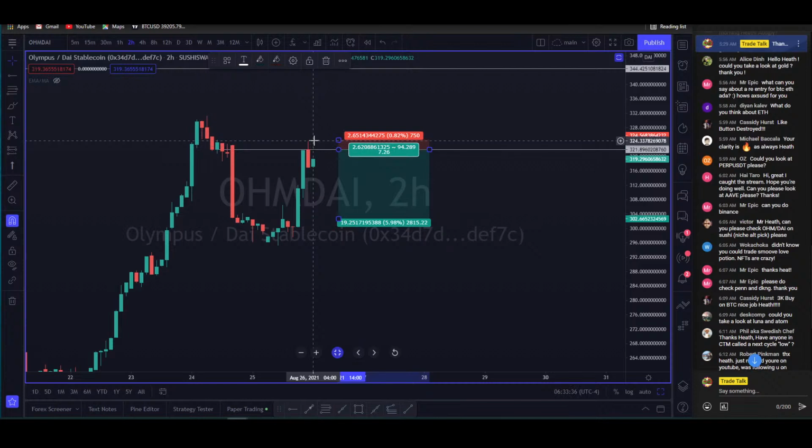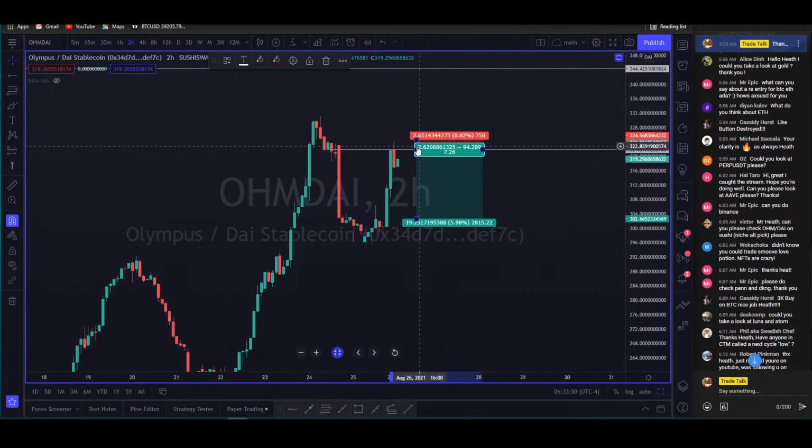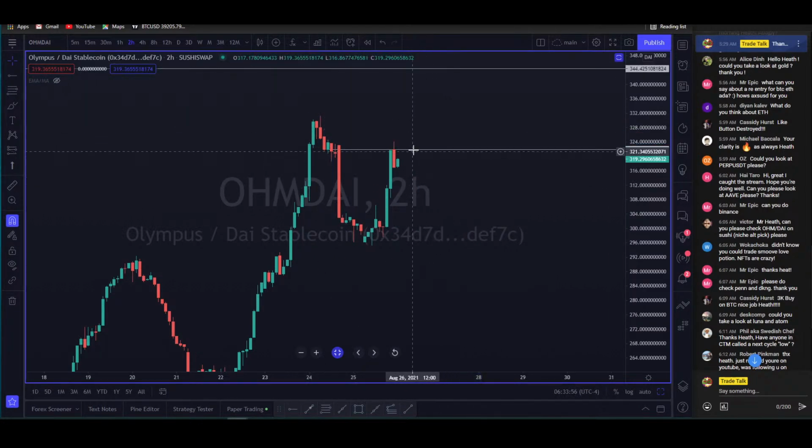If it throws a wick through and that wick gets higher than this, then obviously you'd want to watch it a little closer. But this is a 2-hour, so every other hour, check back on this. I can't trade it, otherwise I would be looking for a short. I'd be looking to short that all day long, as long as it doesn't close above that.